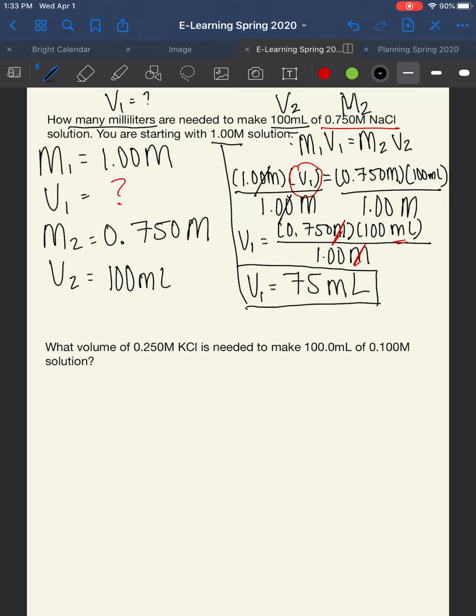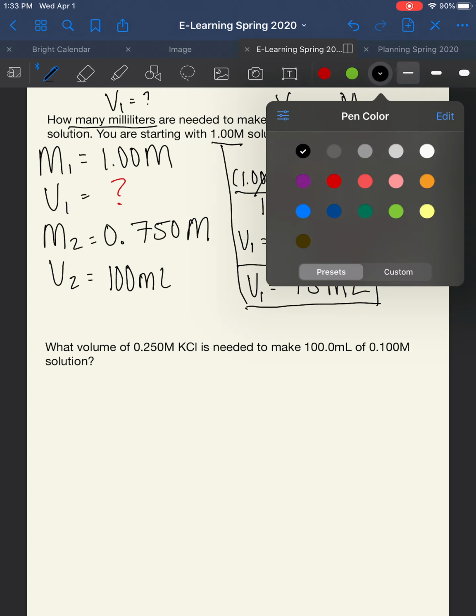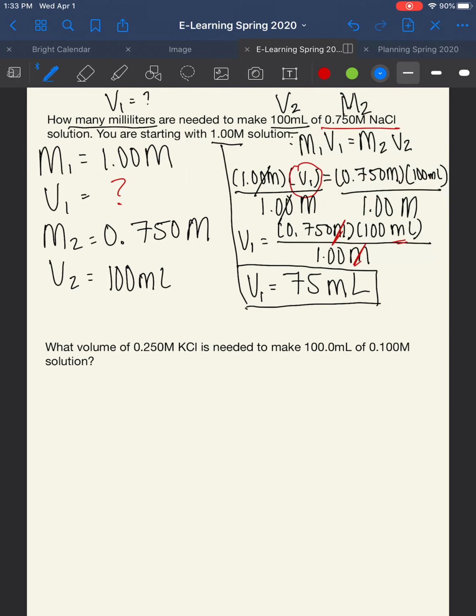And then, a quick tidbit here. Since I only need 75 mLs of my starting solution, and I need to make 100 mLs in total, students forget and ask, what am I diluting it with? Since I only have 75 mLs and I need 100, where are those other 25 mLs coming from?